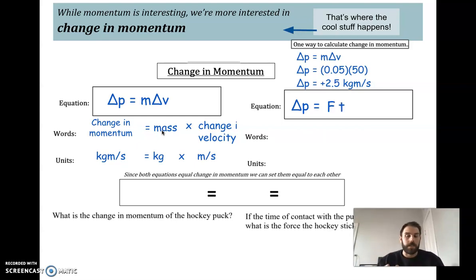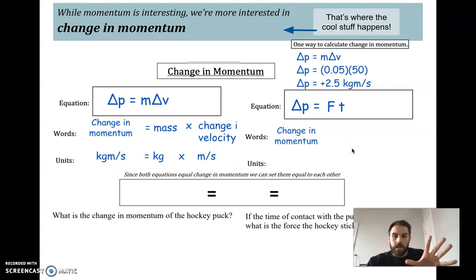Now, this time is not the time that the object's in the air after it's hit. It is the time of impact. Usually this is a very small amount of time, like milliseconds. So think about while that golf ball is compressing, or while that baseball is compressing, that's the time of impact. Once the ball lets go of the driver or the bat, that time is no longer at play. The object's not changing its momentum anymore because of the bat.